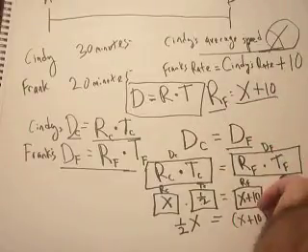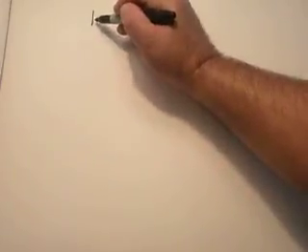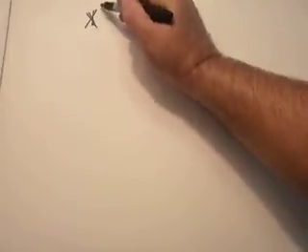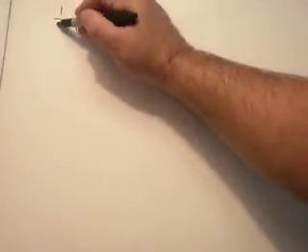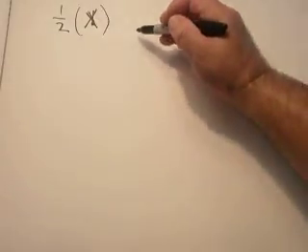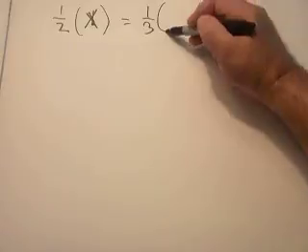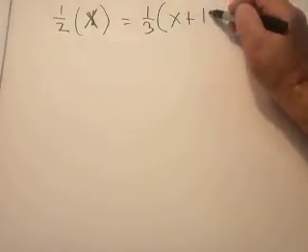I'm going to rewrite this on the next page just to give us some more room to lay this out. I'm just rewriting the same thing. I've got X times 1/2 is equal to 1/3 times X plus 10.